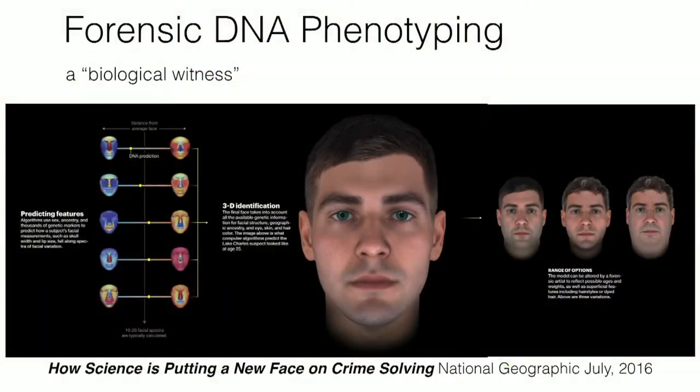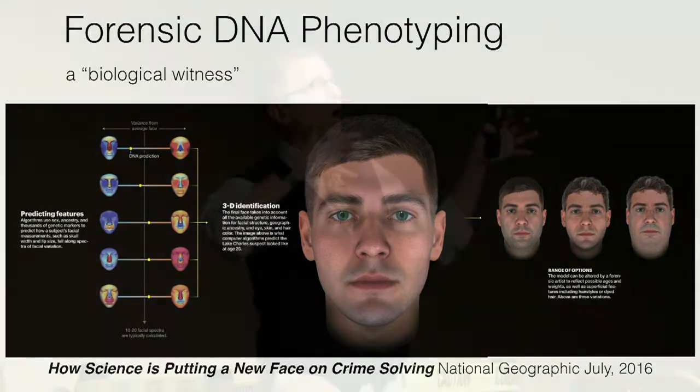So this is an image based on the bits of information we know that we can predict from your genetics. And then artists can take that information and make modifications. They can, for example, as you can see here, age this profile. They can change the weight of this profile, so they can begin to get a sense of what the individual that left this sample might look like.